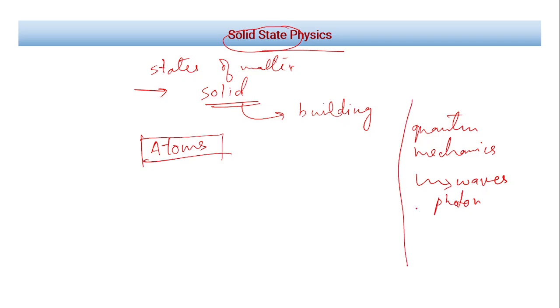There we take the electron also as a wave, and we know that in quantum mechanics we are never certain about the position of the electron because it's a very small subatomic particle, right?